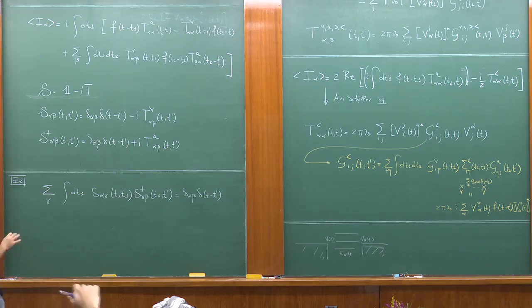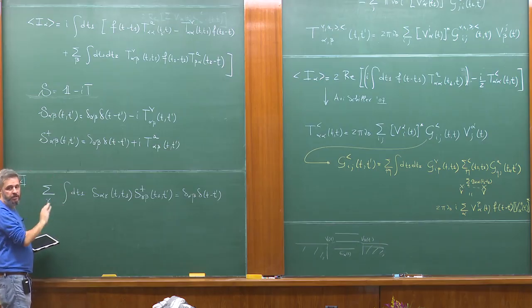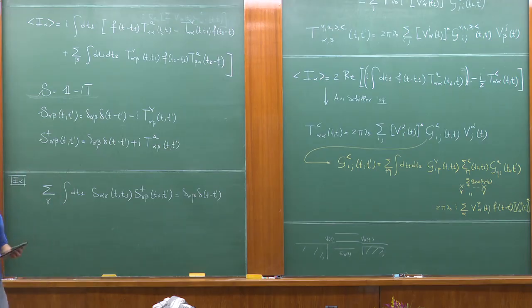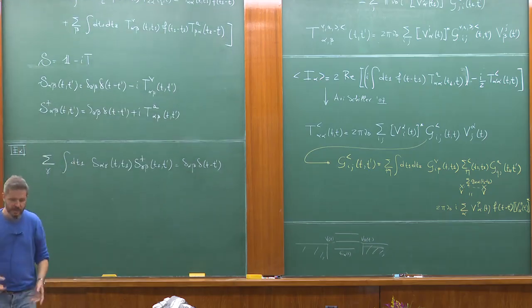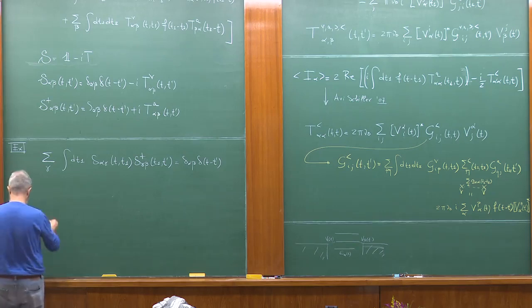Again, it's a consequence of Dyson equations and nothing else. So, bottom line, now we can express the current in terms of S matrices, which is useful, right? And that's what Landauer told us to do.